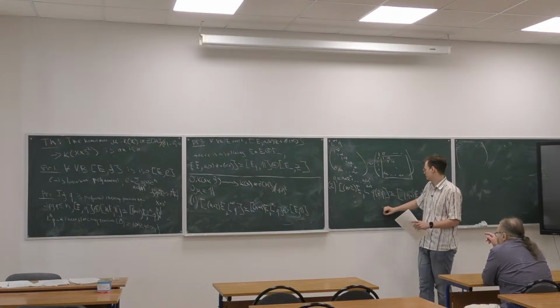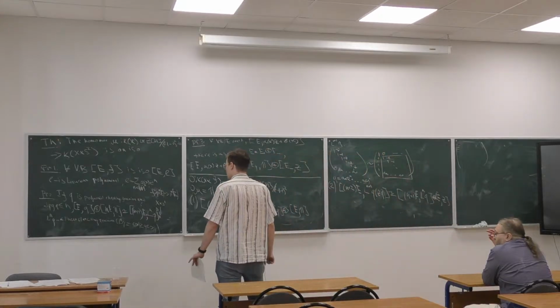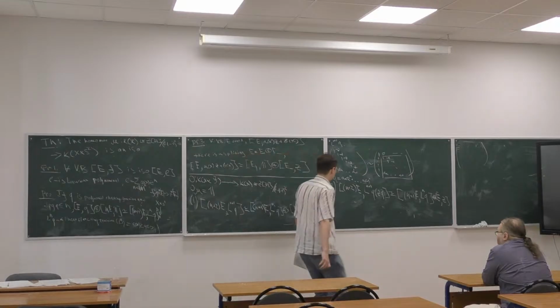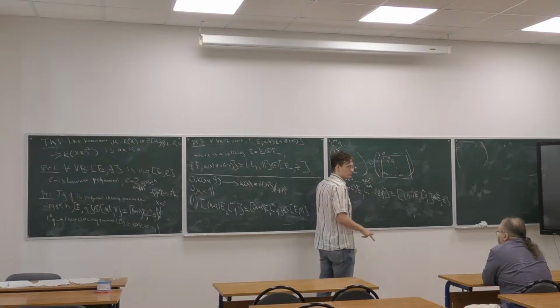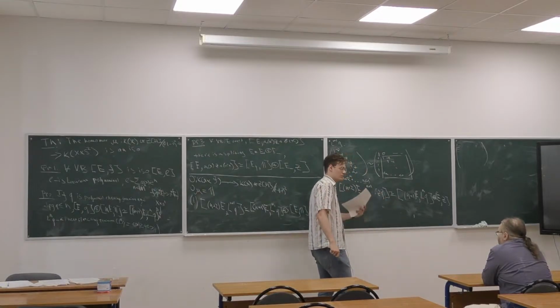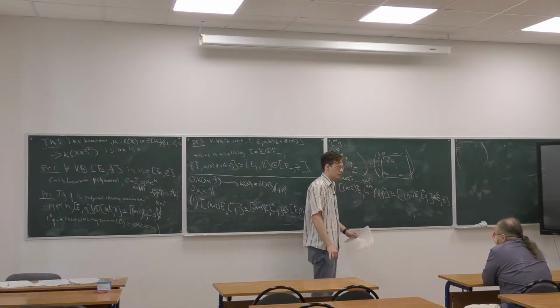This thing depends on q. Q is a polynomial, and we are multiplying it by z. We take a polynomial and multiply it by z, we get another polynomial. This makes sense.